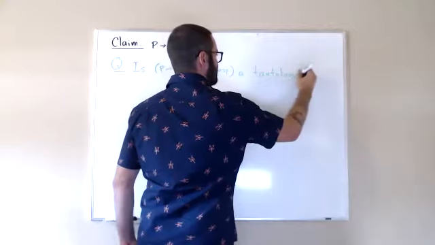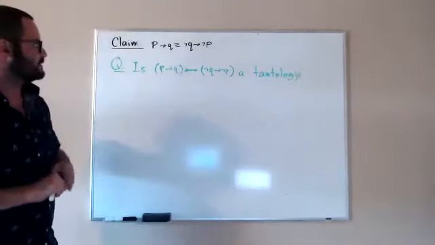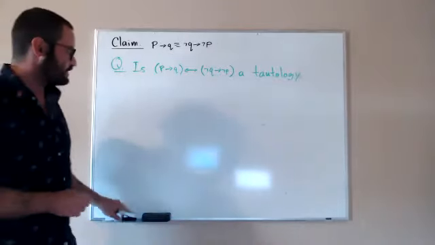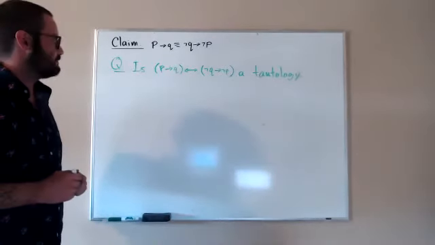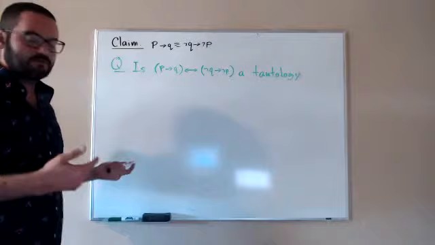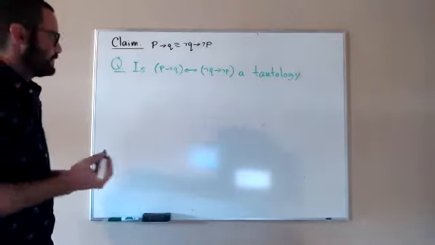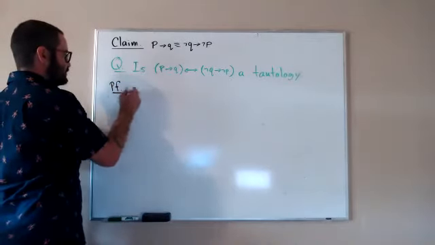If we can verify that this biconditional is a tautology, then we can say that this claim is true. So one way to do that, and this is, I guess, an instance of a proof actually, is to use a truth table. Okay, so I'm going to go ahead and write proof.